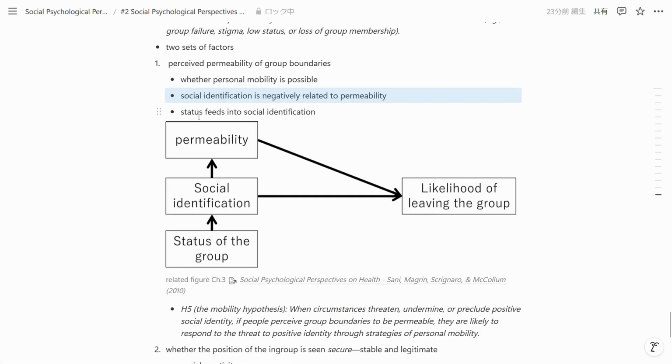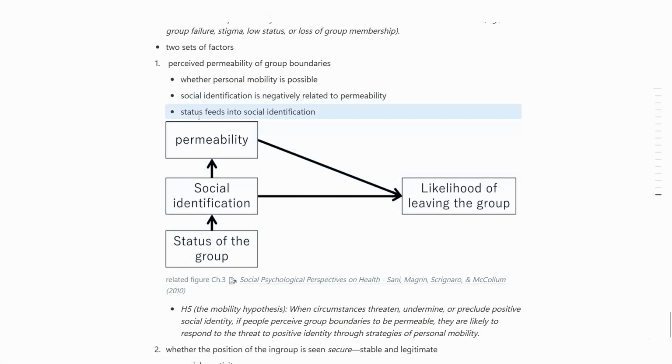And status feeds into social identification. As I said, when people want to have a positive identity, the positivity of the group identity can be defined by the status of the group. So high status gives you more positive identity.